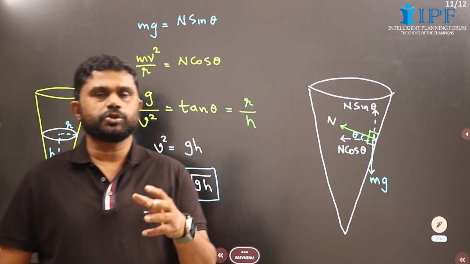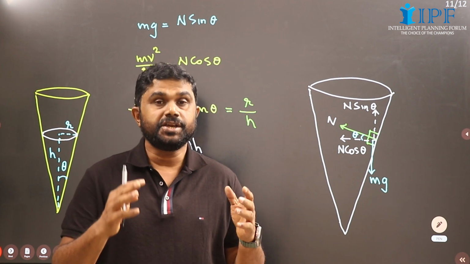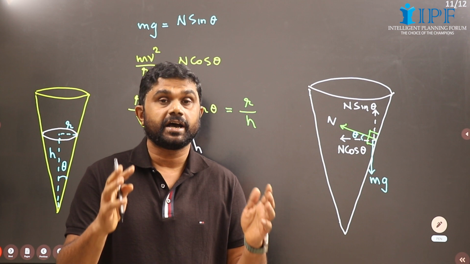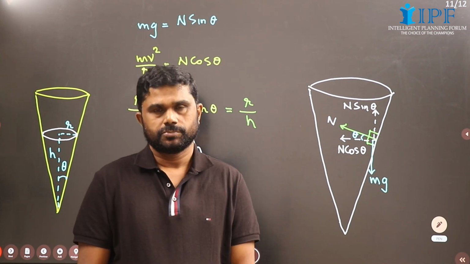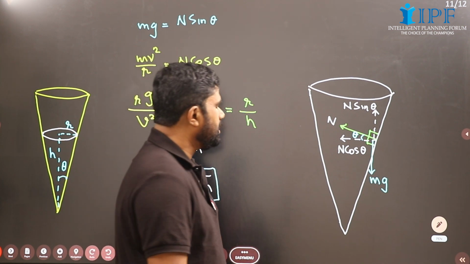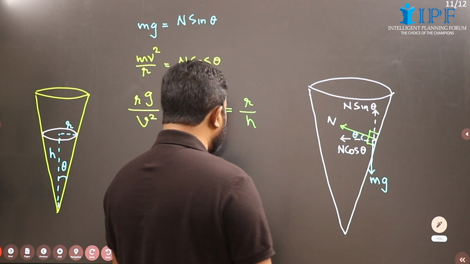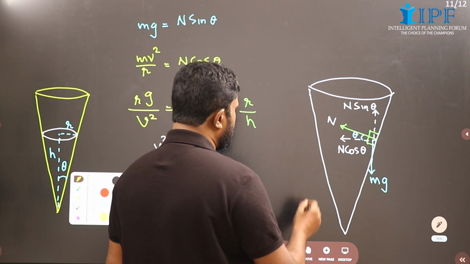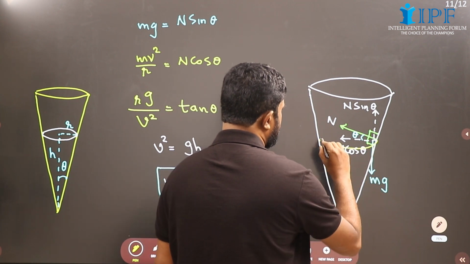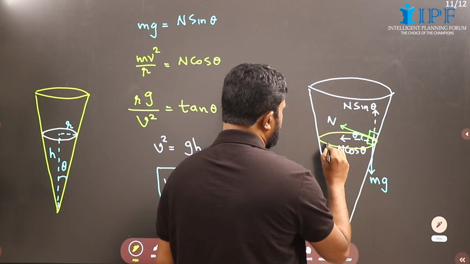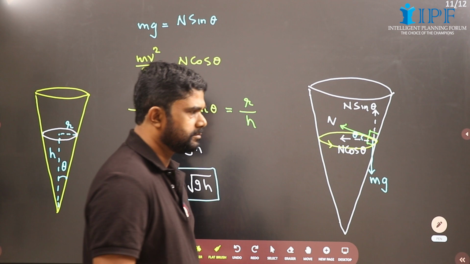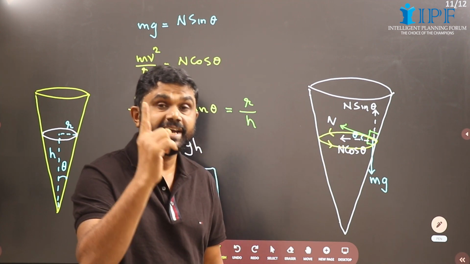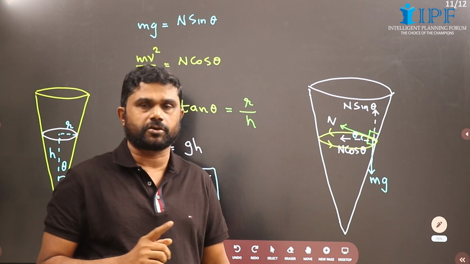Now see the motion of a particle on the inner surface of a smooth, inverted right circular cone. See here the body is moving in a circular path like this, moving in a horizontal circle over the inner surface of this inverted cone.